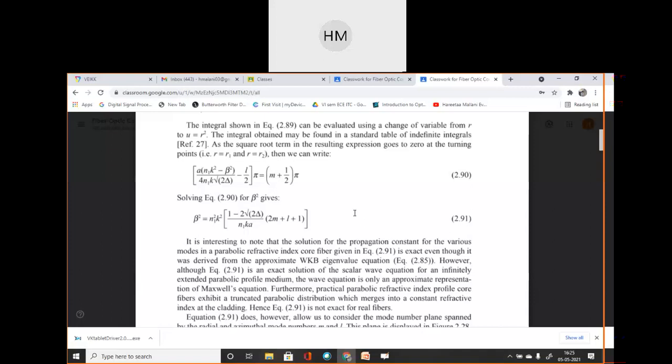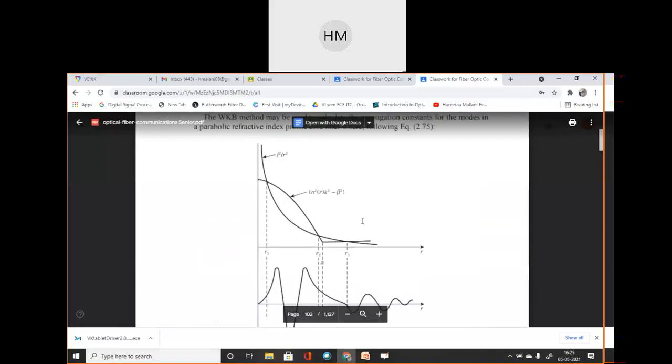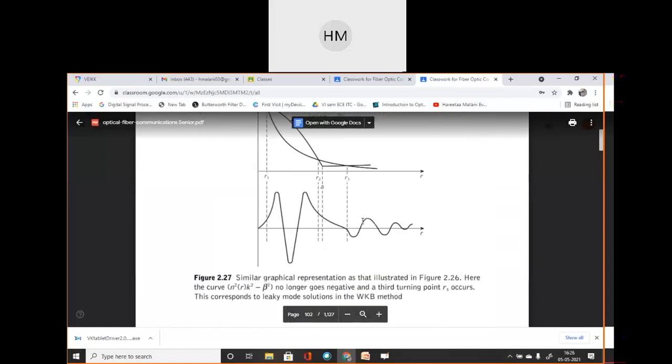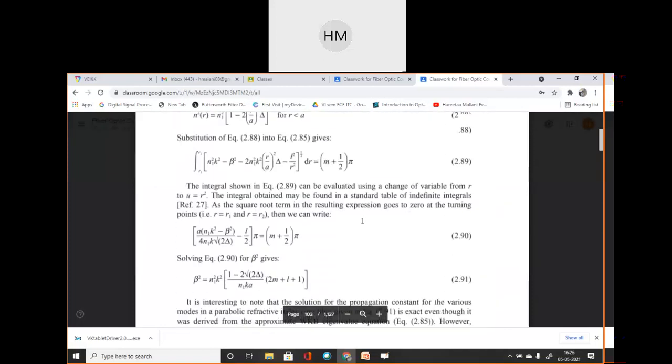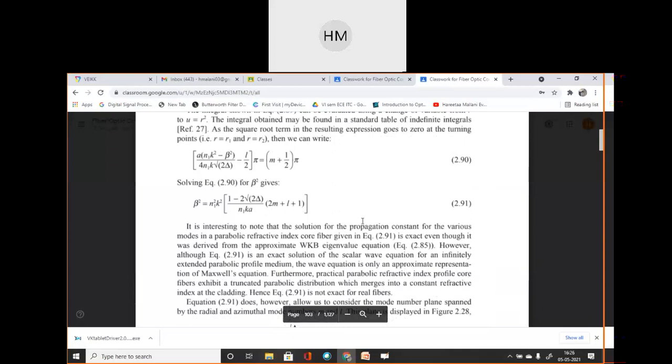Write down. See, no need to do all this derivation. It is not required. You should remember the propagation constant equation, given by beta square is equal to n1 square k square, the whole bracket, square bracket, 1 minus 2 root 2 delta upon n1 k a, in bracket 2m plus l plus 1.